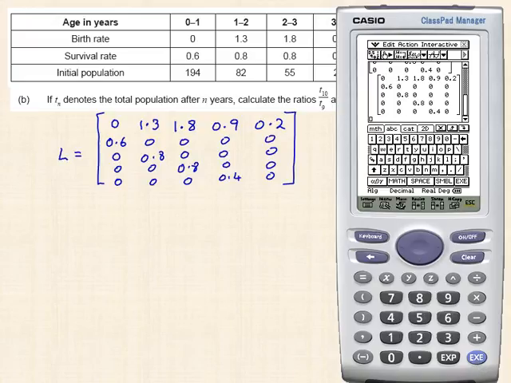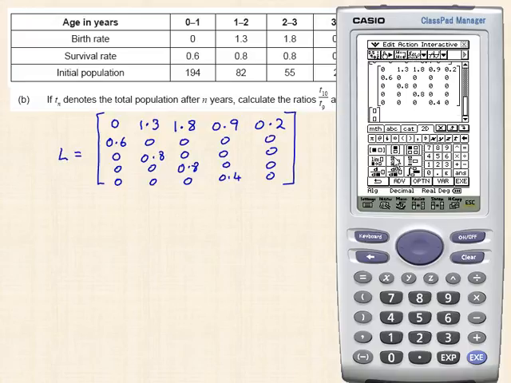At this stage, there's a couple of other matrices that are worth programming in. So we would like a column matrix with 5 rows that carries the initial population.